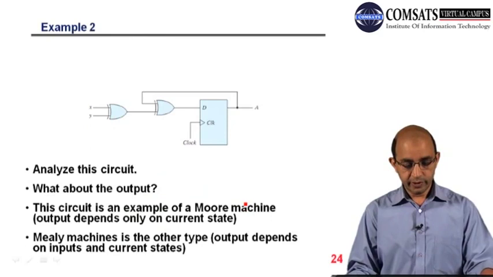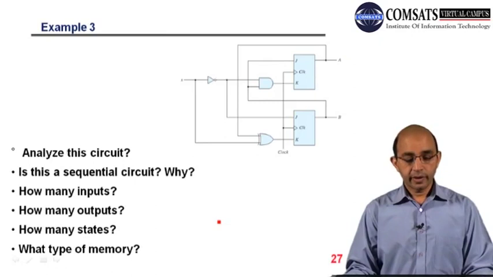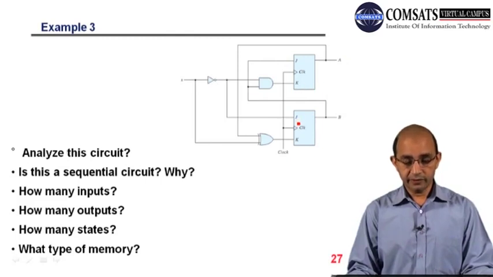So we will talk about this to distinguish whether this is a Moore machine or a Mealy machine. Here we have another example, but here we have different flip-flops, J and K. Again we have to answer these questions regarding the analysis.